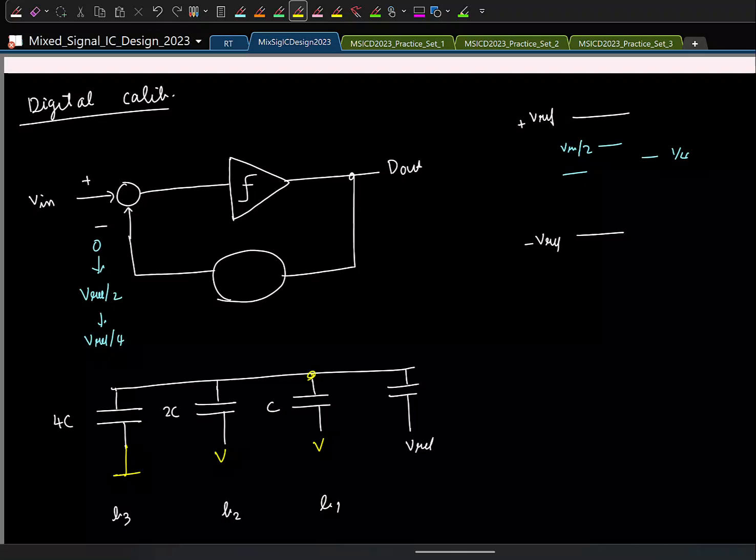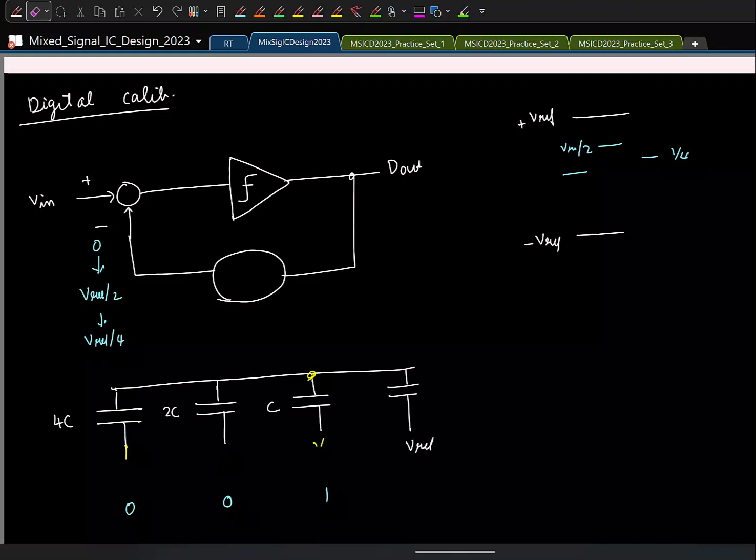So what will be the reference voltage I am comparing my input with? Vref by 2, right? Remember that in the logic that we have seen, the reference voltage with which I am comparing the input is basically the total capacitance connected to ground divided by the total capacitance. Here I have a case where the MSB is toggling, so it's Vref by 2. Now similarly, let us say this is 0, 0, 1.